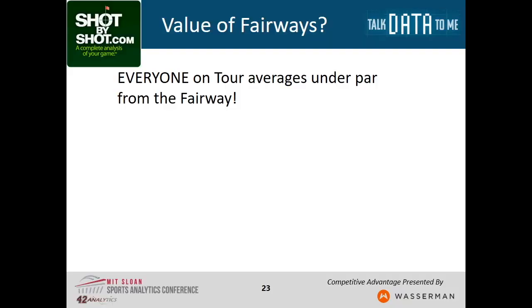Value of hitting the fairways. This has always been a point of contention, but in the years that I've worked with Zach Johnson, he already knew that hitting the fairways was a very important part of his ability to win money, because he was not a very long hitter. So I always say everyone on tour is under par from the fairway, and people say, well, what do you mean by that?